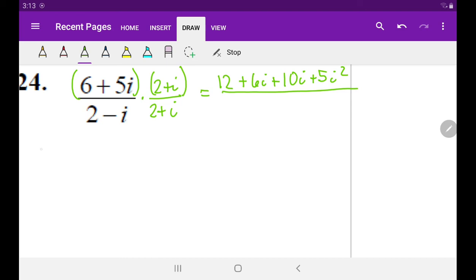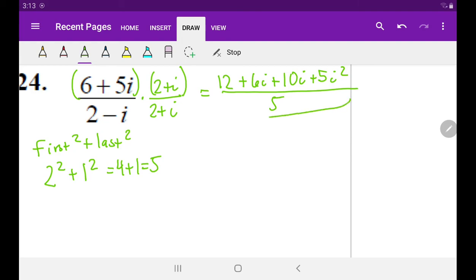And then we use our shortcut for down below. So remember, first squared plus last squared, so that's going to be 2 squared plus, and then the number hiding in front of I, that'll be 1. So we have 4 plus 1, which is 5, so that's our new denominator there. Okay, so we're going to simplify this. So I have 12, and then 6I plus 10I, 16I, and then 5I squared minus 5.